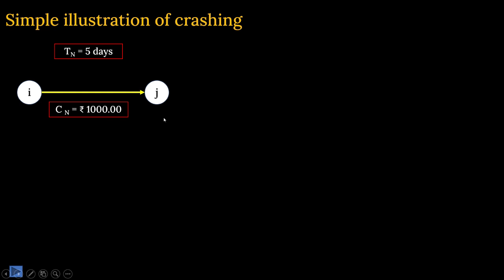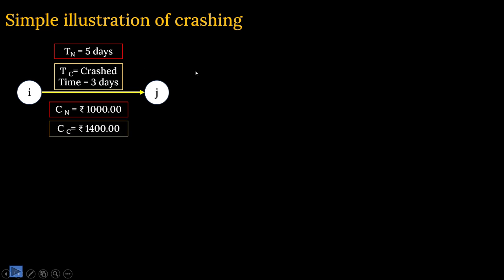Let us take that as an example. Now, crash time, TC means crash time. You want to make it 3 days. You want to crash it by 2 days. And to do that, crashing cost will be 1400 rupees. This is the scenario. Okay.